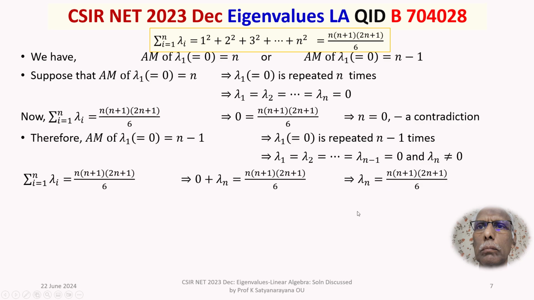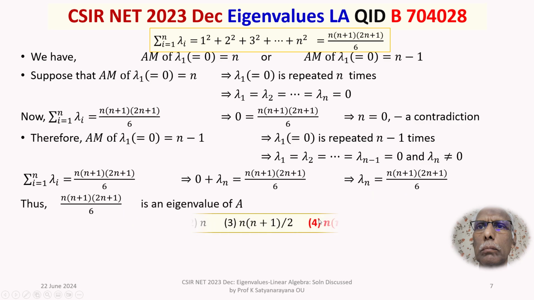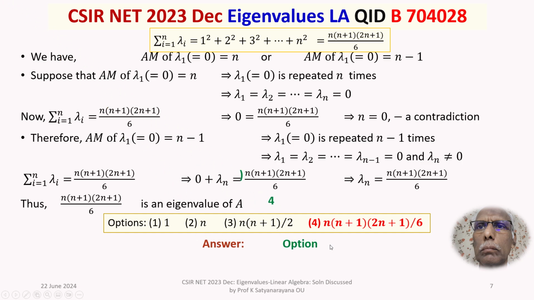This tells you one of the eigenvalues of the matrix A is n into n plus 1 into 2n plus 1 by 6. So this is an eigenvalue of A. Let's look at our options, and our answer that n into n plus 1 into 2n plus 1 by 6 is an eigenvalue of A appears against option 4. Therefore, the answer to this question is option 4.